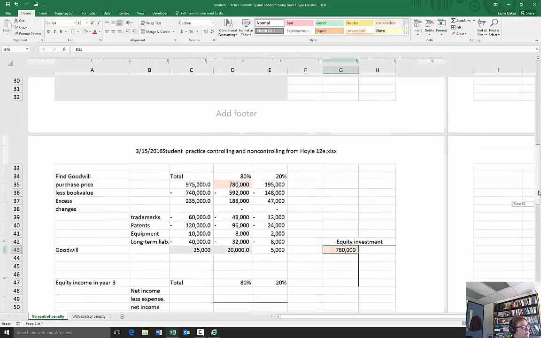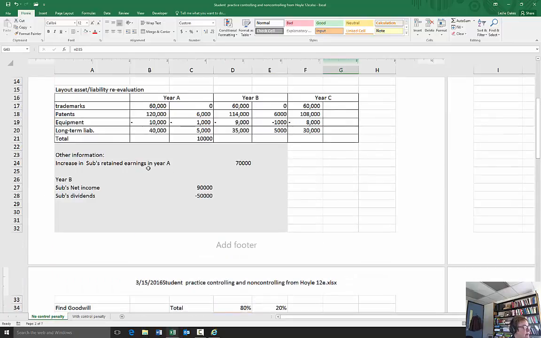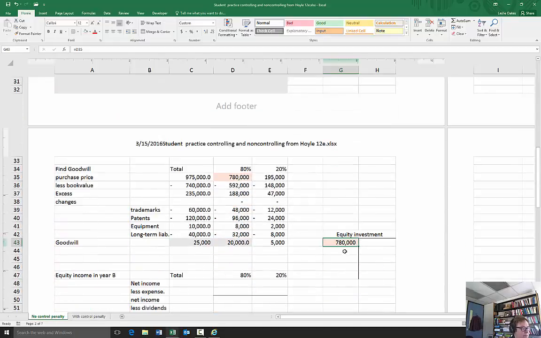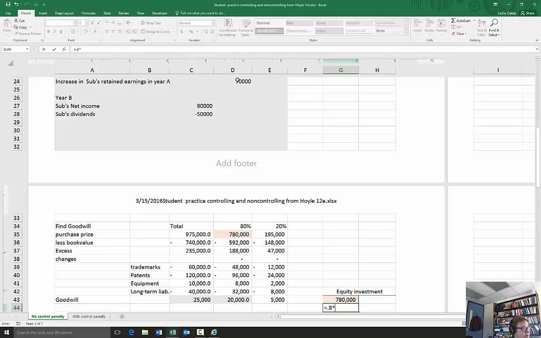And then the change in the retained earnings, the total change, 80% of that affected the majority investment. Think about that a little bit if you need to.